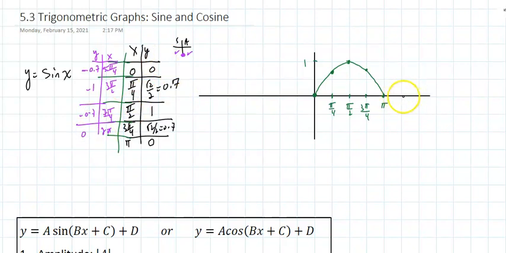So if I run 4 more values, pi over 4 times 5, 6, 7, and 8, so 5 pi over 4, 6 pi over 4, 7 pi over 4, and 8 pi over 4 reduced, here I am at about negative 0.7, negative 1, negative about 0.7, and 0.